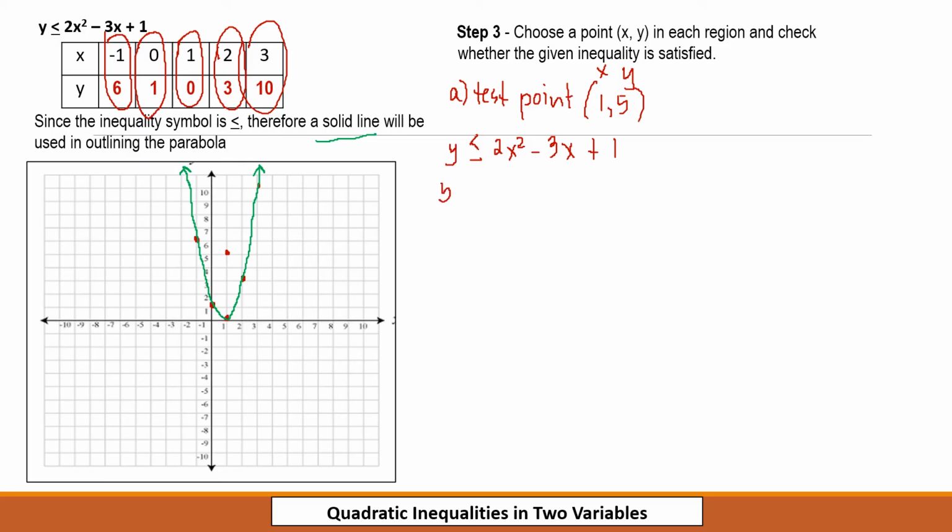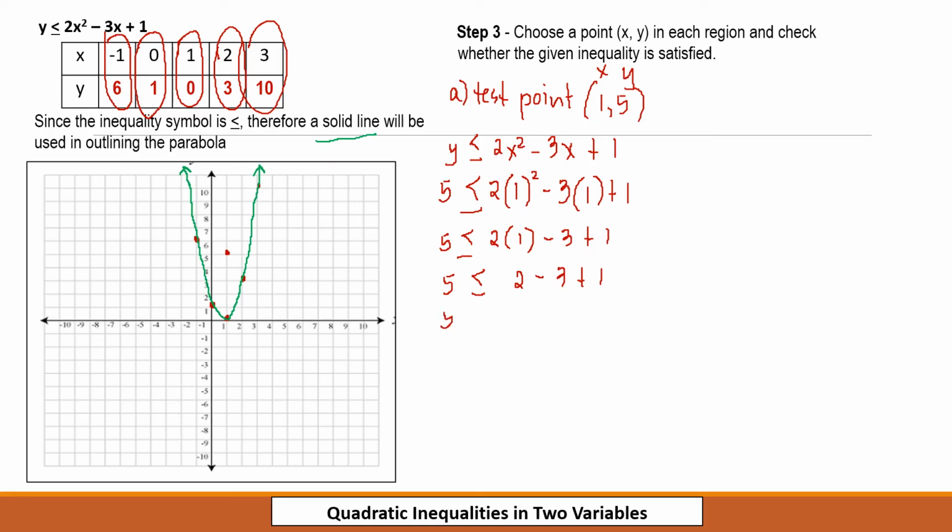So we have 5 is less than or equal to 2 times 1 squared minus 3 times 1 plus 1. 5 is less than or equal to 2 minus 3 plus 1. 2 minus 3 is negative 1.